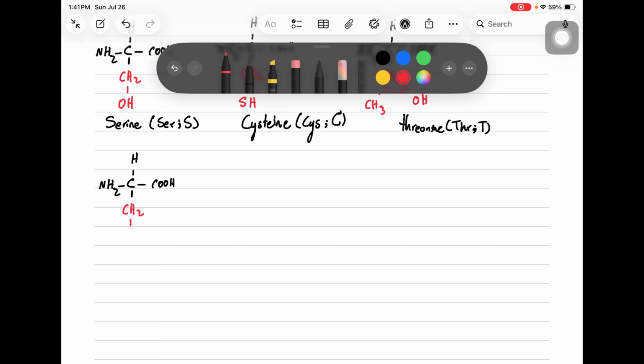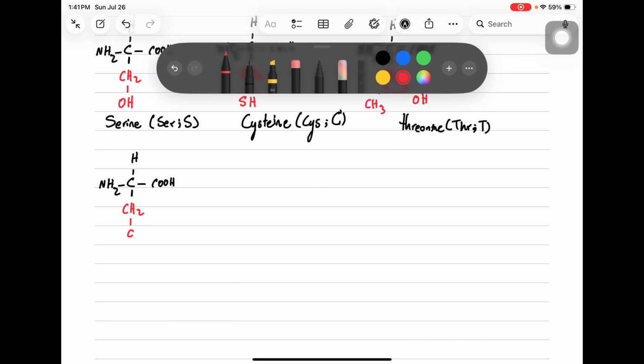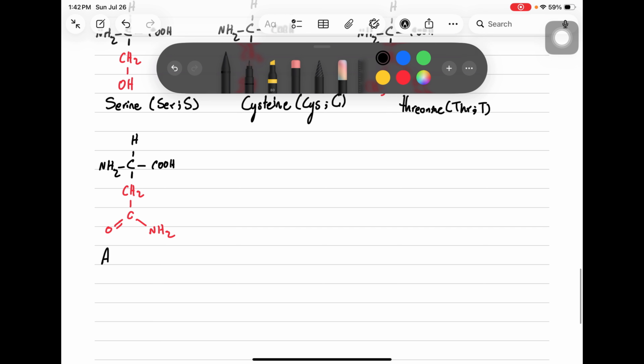Again, this is asparagine, CH2, C double bond O, and another NH2. We call this asparagine. We're going to show it with ASN, with the letter N.